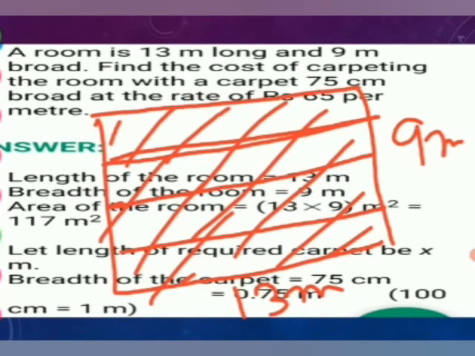So let us consider that the length of the carpet is L. The area of the room will be covered by the total area of the carpet, and with that we will be able to calculate the length. Once we have calculated the length, we can find out the cost of carpeting. So let's proceed with the question.